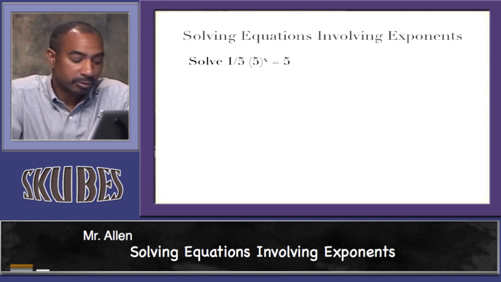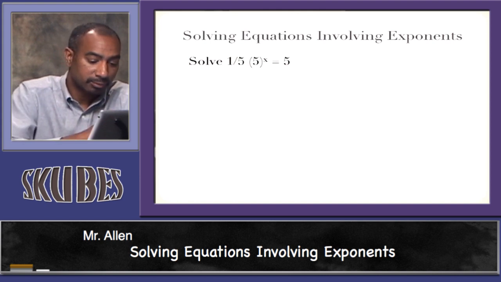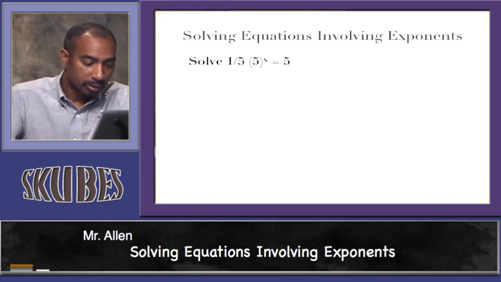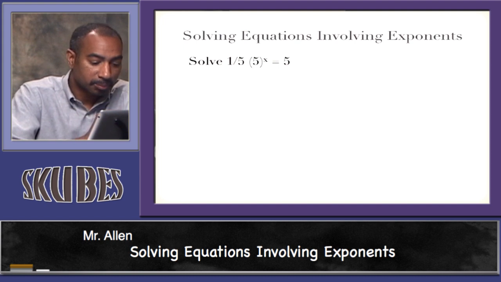All right, here's another one involving a fraction. I have 1/5 times 5 to the x power equals 5. And what I can do there is multiply both sides by 5.